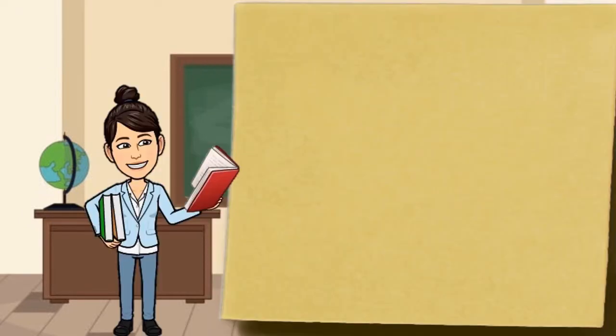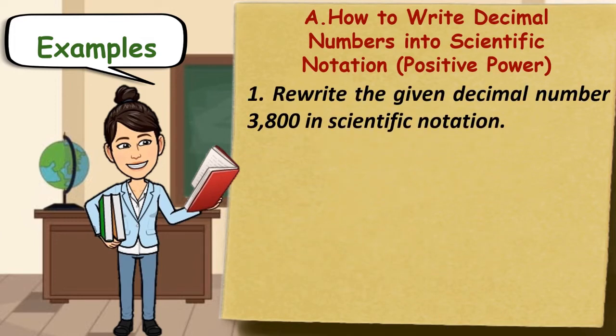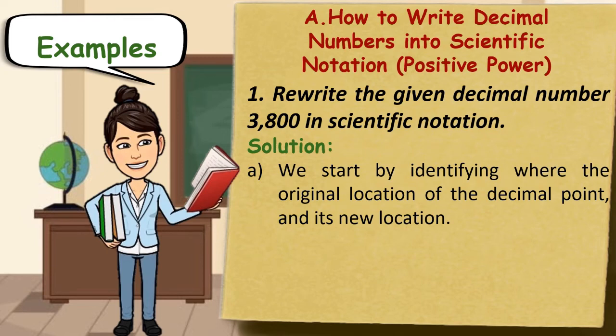Examples of how to write decimal numbers into scientific notation for positive power. Example 1, we write the given decimal number 3,800 in scientific notation. Here's the solution. First, we start by identifying the original location of the decimal point and its new location.